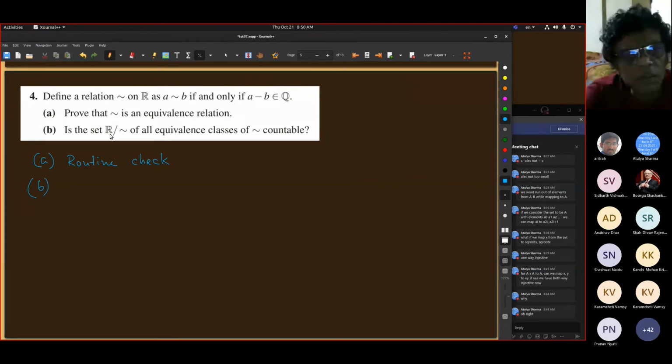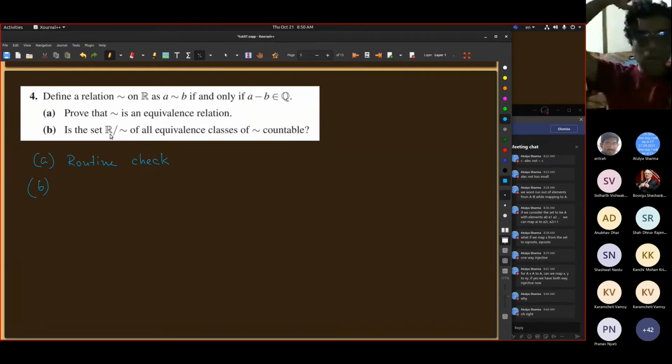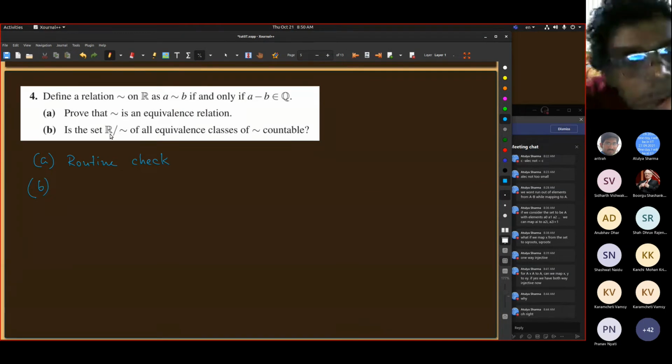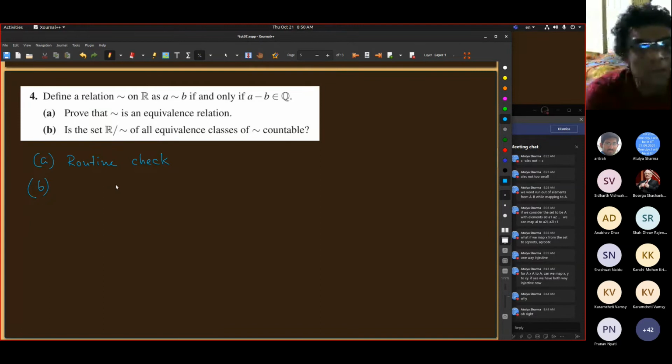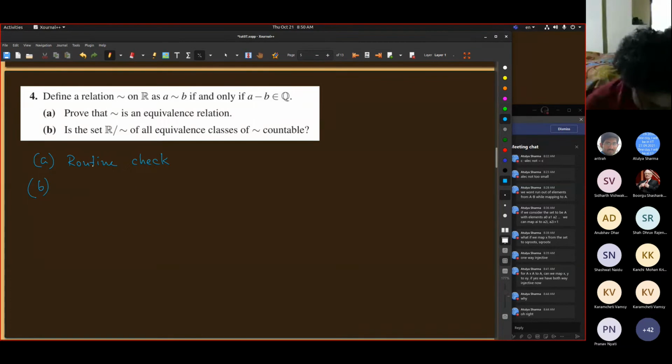Because the irrationals will have different classes. Root 2 and root 3 and so on. I didn't hear the voice actually, it did not come. So, okay.